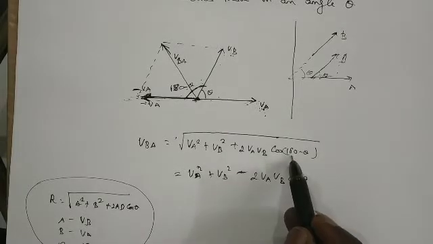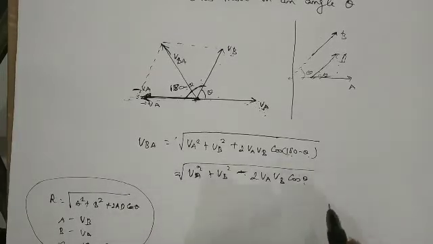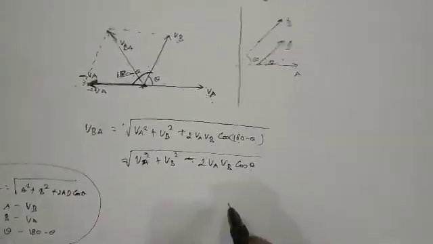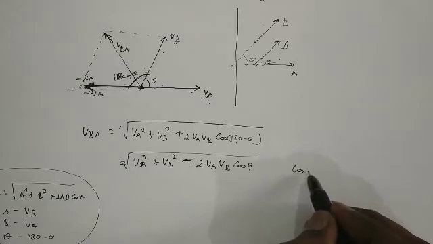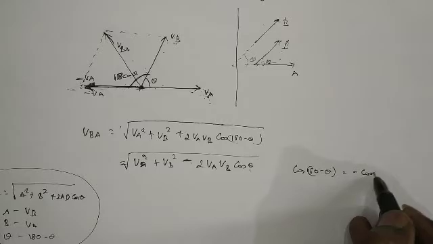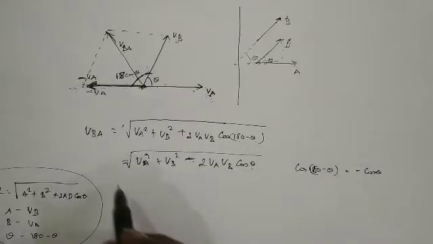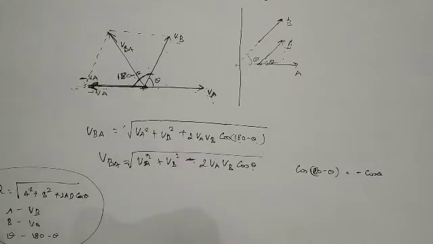What happens? Cos(180 minus theta) is minus cos theta. So we have changed this value. Using that formula, we have made this value VBA.